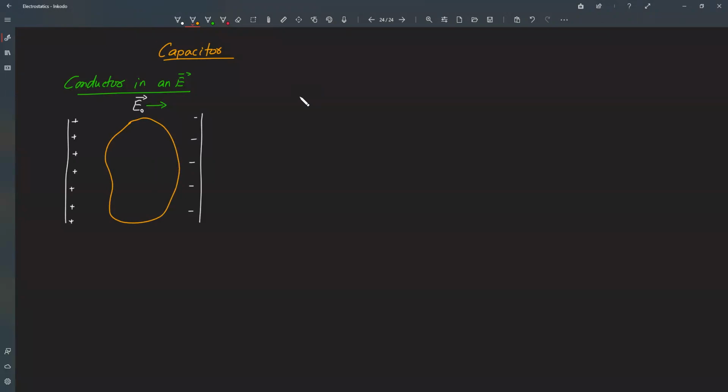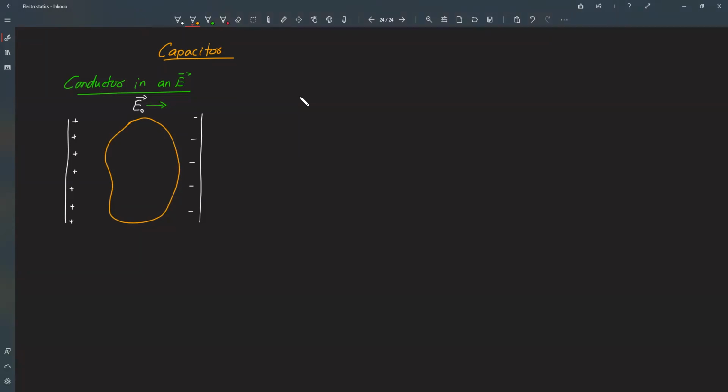Now, in this scenario, we say that the net electric field intensity in the interior of a conductor is zero. So what is the reason for that? The reason is that when a conductor is placed in an electric field, the charge, that is obviously the free electrons, drift towards the positive plate, leaving the positive core behind. What does that mean?